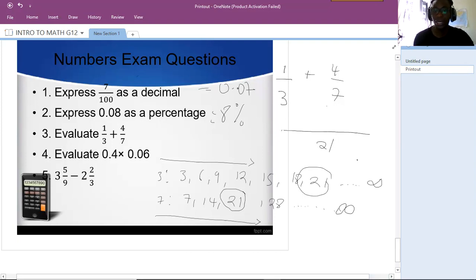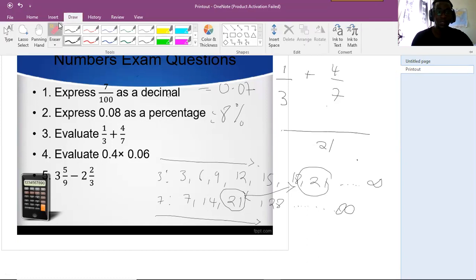So this is why I like calling it the lowest common multiple and not the lowest common denominator, because you get it from listing down the multiples of 3, the multiples of 7, then the first one that you find that they have in common there is the lowest common multiple. But you can call it the lowest common denominator because that's what they call it throughout mathematics.